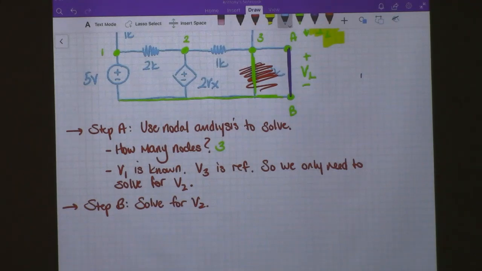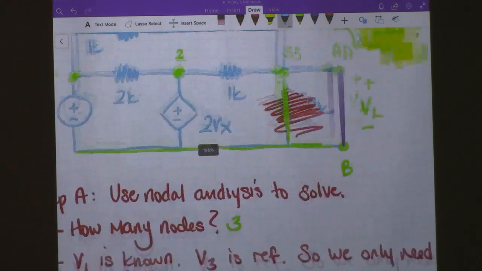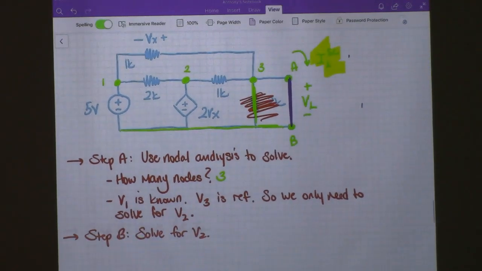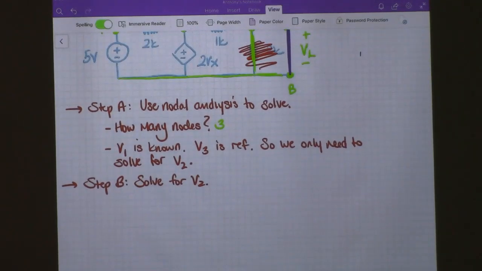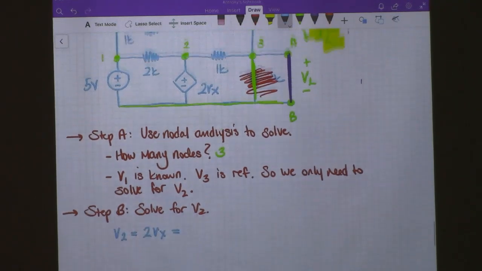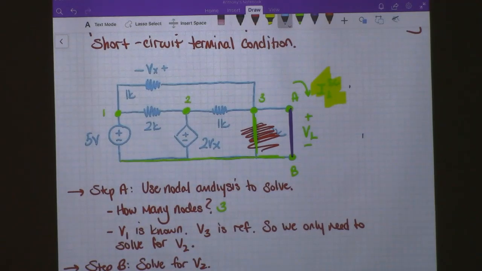But if you remember going back to chapter 3 stuff, when we have a dependent voltage source there, like we do at node number 2, we can't do it that way, so we are going to use the expression for the dependent voltage source, which looks like this. So V2 is equal to 2 times Vx. All right, and so Vx is this voltage right here.